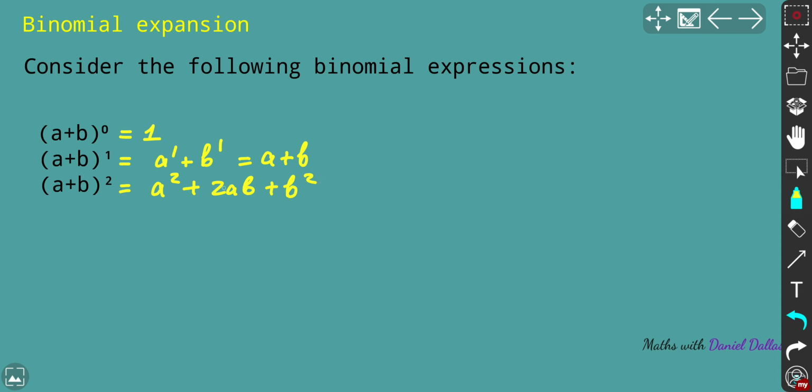As you notice, we start from a and b to the maximum power that stays in the binomial expression. On the edges, there are always the terms a and b in the maximum power.